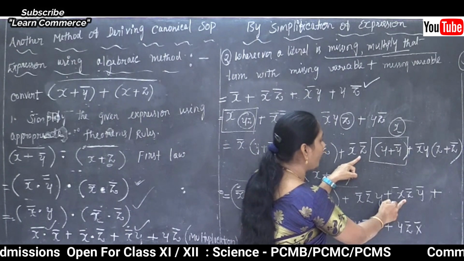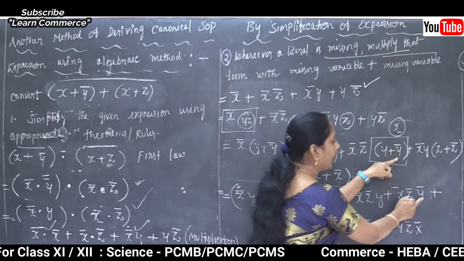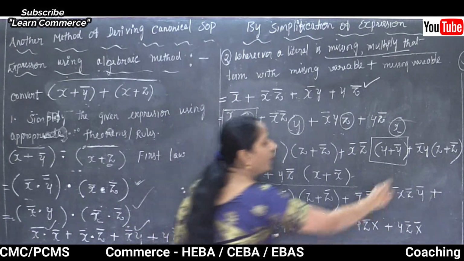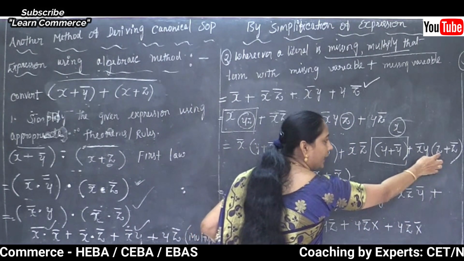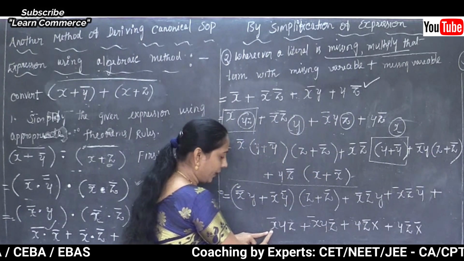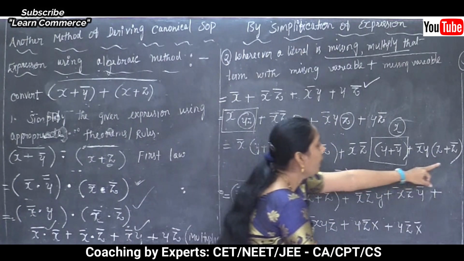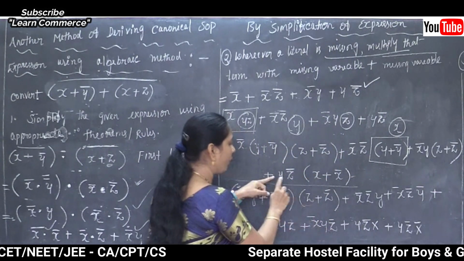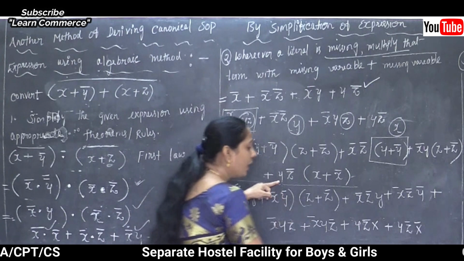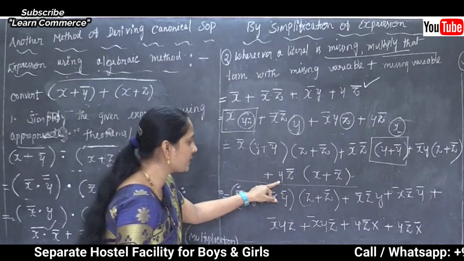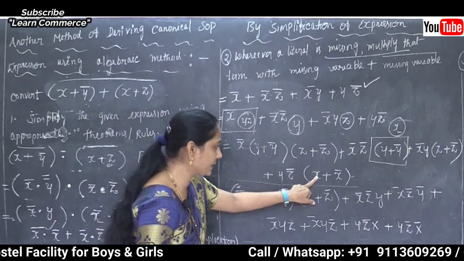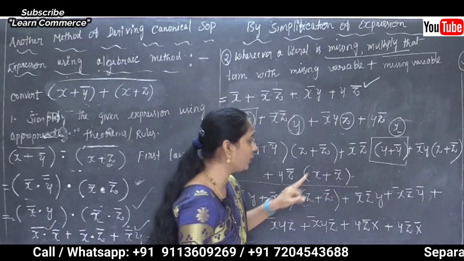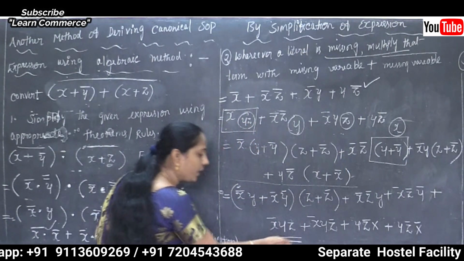After that again complement x, complement z, and complement of y, plus the next one, complement x, y, z, plus complement x, y, complement z. Now also some other expressions are there: plus y complement z, x here, plus y complement z, plus complement z and complement x here. So this is our next expression.